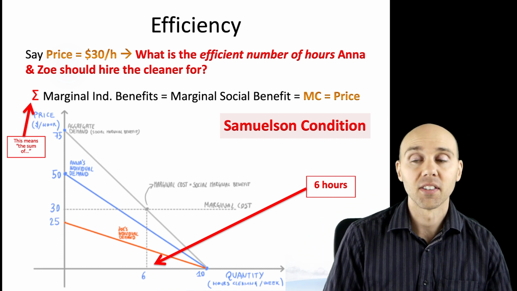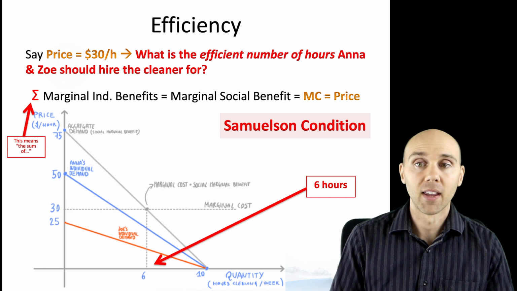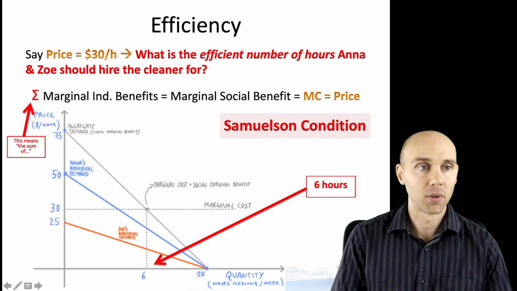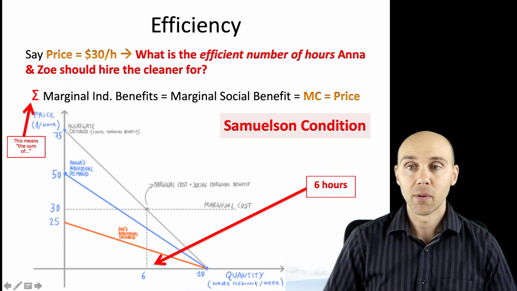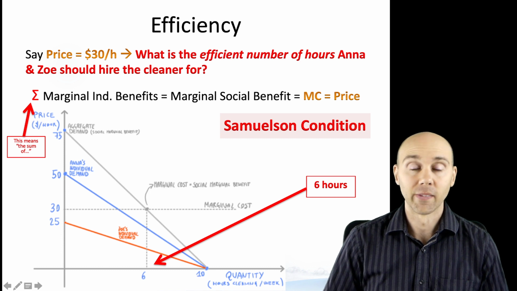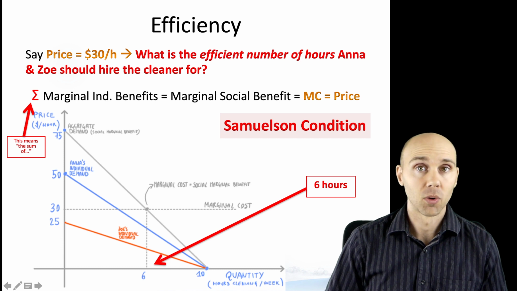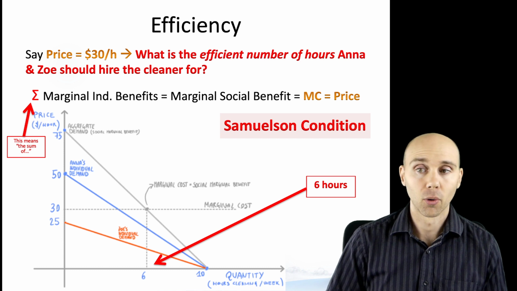Well, the Samuelson condition says that we take the sum of their individual benefits, which is this capital sigma symbol in Greek that we use in mathematics. We take the sum of their marginal individual benefits, which gives us this aggregate demand. We set that equal to the marginal social benefit, which here is this constant marginal cost, or the price.